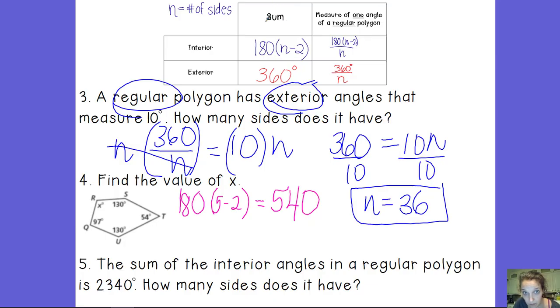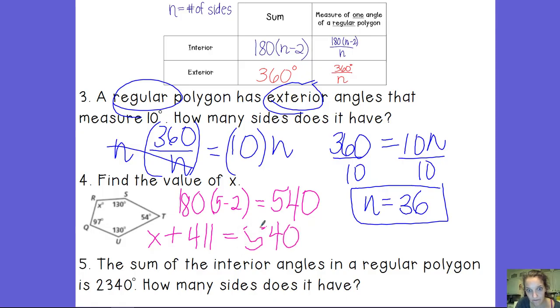Sum means I add them all up. So I'm going to add up x plus 130 plus 54 plus 130 plus 97. I'm adding up the angles. That's called finding the sum. The sum of all those angles is x plus 411.